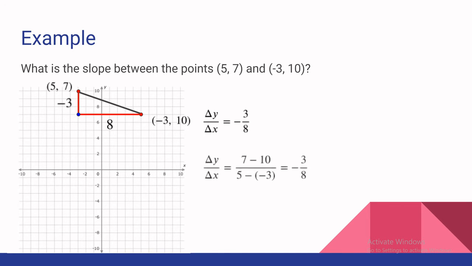However, what you notice is that the slope is also equal to 7 minus 10 over 5 minus -3. So this leads us to the conclusion that with points x1, y1 and point x2, y2, the slope between these 2 points will be y1 minus y2 over x1 minus x2. This is an important formula to remember.